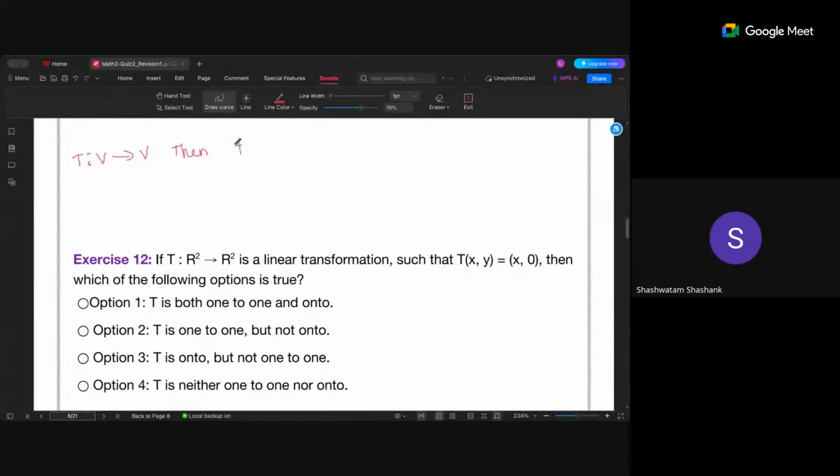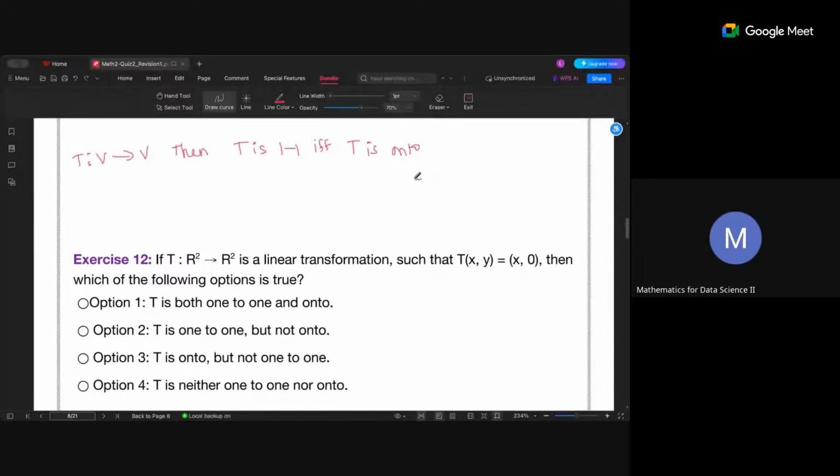Option 4, neither one. Listen to this statement carefully. Whenever you have the domain and codomain the same, then T can be one-to-one if and only if it is onto. It cannot be just one-to-one.